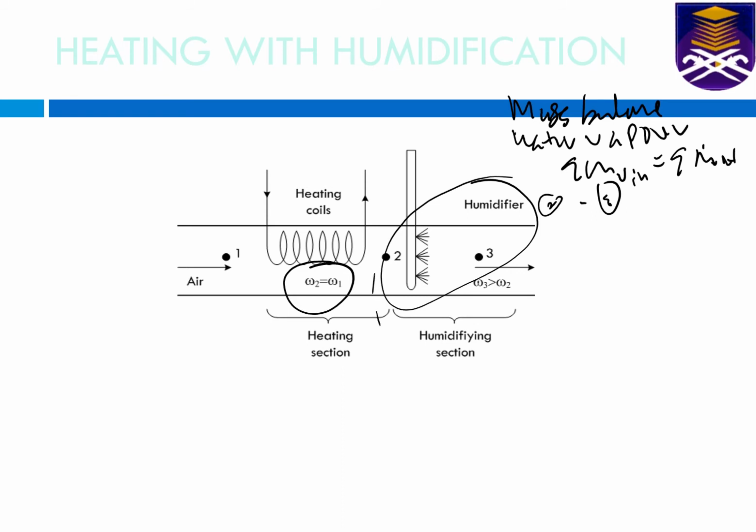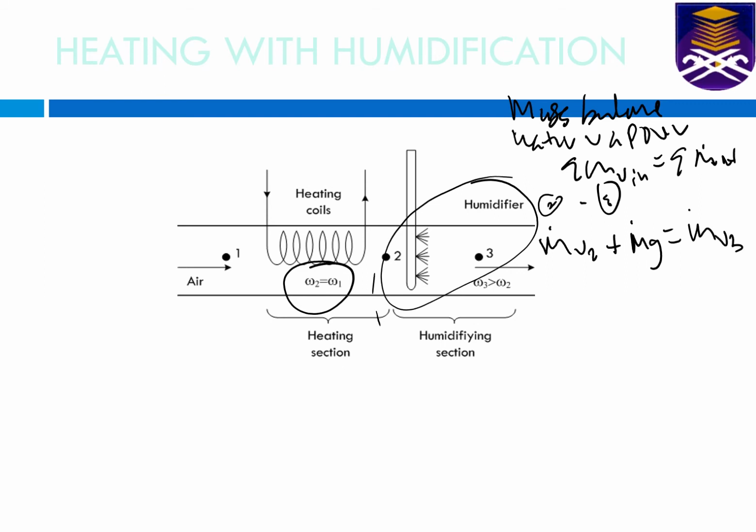So this is going to be m dot v2, or m dot a omega 2 (the dry air is constant), plus the moisture content m dot g, g representing saturated vapor, equal to m dot a omega 3. Stepping ahead: m dot v2 plus m dot g equal to m dot v3.